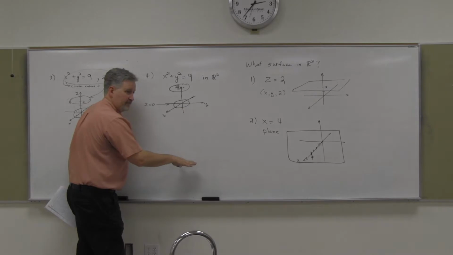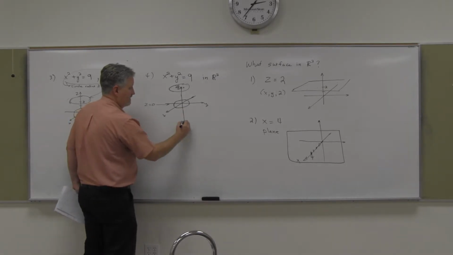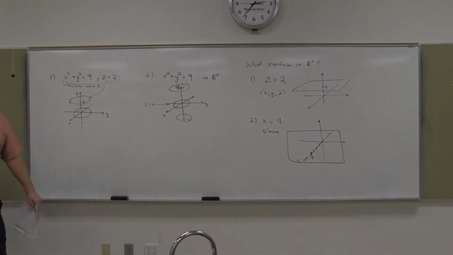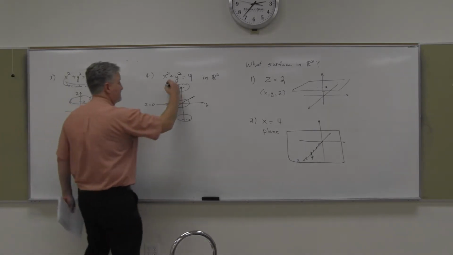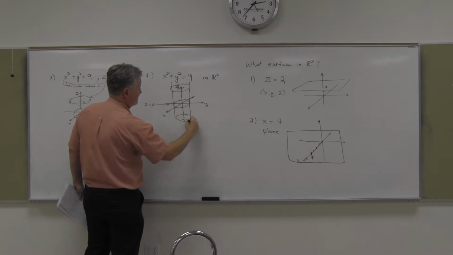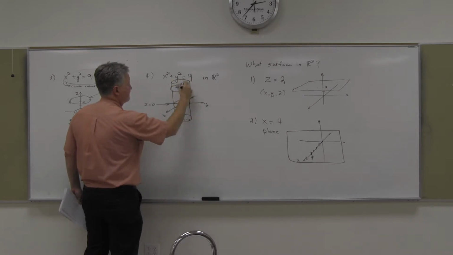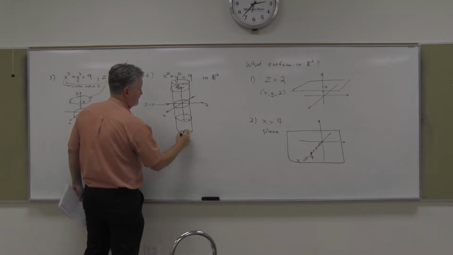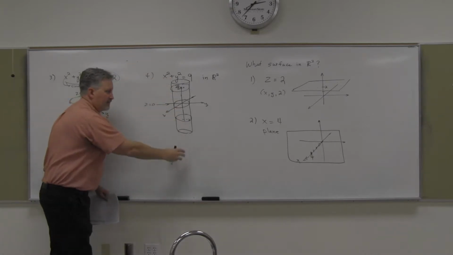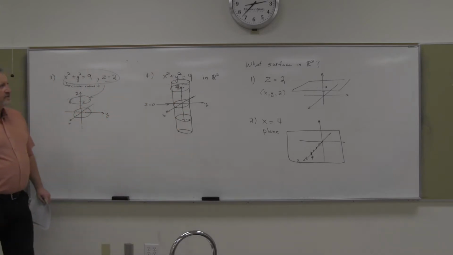Then you've got some that are below the xy plane. So down here at, say, -3, I've got another circle, and then one below that. So what happens is I get this infinite cylinder that goes right through the middle of our coordinate system.